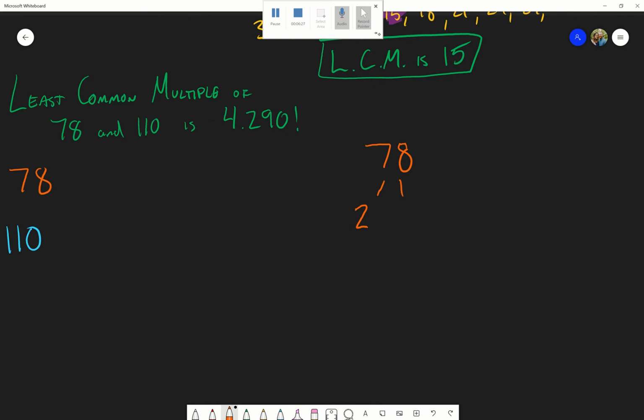I believe it's 39. 2 is prime. 39 can be broken down into 3 and 13, where 3 is prime and 13 is prime. So 78 breaks down into 2 times 3 times 13.